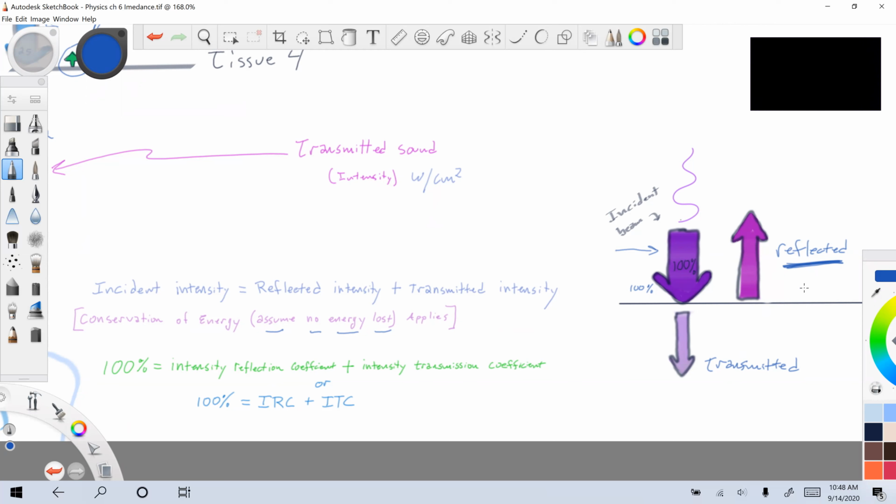The way I drew these arrows, the reflected sound is very strong compared to the transmitted. Let's say reflected is 75%, and only 25% is transmitted. That is not a normal situation. Well, it might be normal if this were bone.